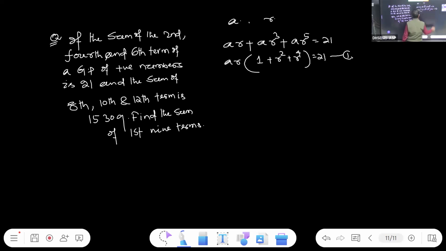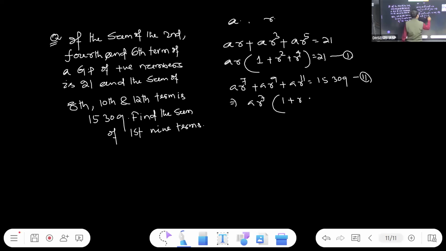This is equation 1. And the second is sum of 8th, 10th, and 12th: ar to the power 7 plus ar to the power 9 plus ar to the power 11 is equal to 15,309. This implies ar to the power 7 times 1 plus r square plus r to the power 4 is equal to 15,309. This is your equation 2.